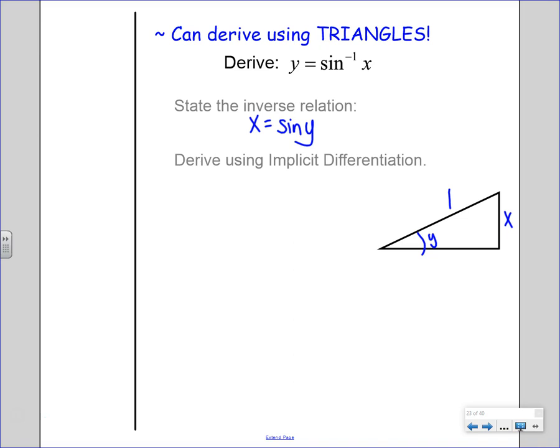If that's true, then sine of some angle y is equal to opposite over hypotenuse, x over 1. Now, if that's true, what would my adjacent side be? Square root of 1 squared minus x squared. So my adjacent is the square root of c squared minus b squared. Pythagorean theorem. And if I was to ask you to take the derivative of this, d dx, what would you do?